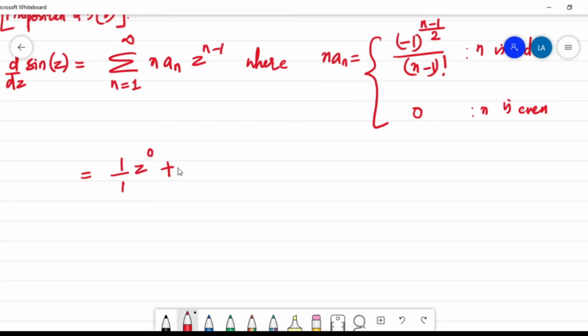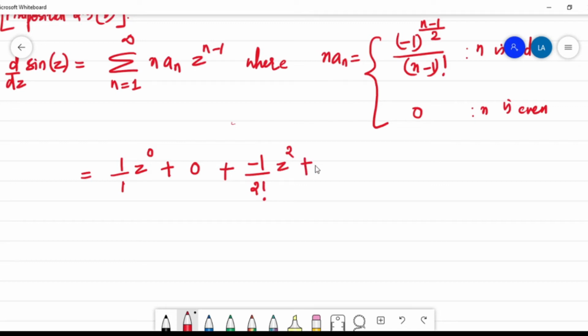Plus next will be 2 into a2, 2 is even, so that will be 0. Plus 3 into a3, 3 is odd, so 3 minus 1 will be 2, 2 divided by 2 will be 1, minus 1 the whole raised to 1, that will give you minus 1 in the numerator divided by 3 minus 1 factorial, that will be 2 factorial, into z raised to 3 minus 1, that is z squared.